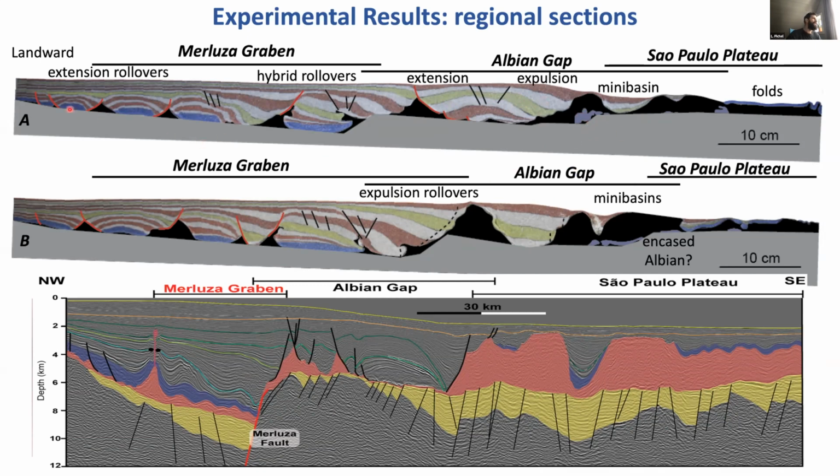We also have a similar style of deformation within the graben itself, which is mostly extension, some extensional rollover. There are some differences in terms of style, a bit of a flip-flop or flipping between basinward zipping and landward zipping normal faults or rollovers. And yeah, the location of the Albion gap also matches. So the location, the geometry, and the dimension of the Albion gap also match a lot with the data.